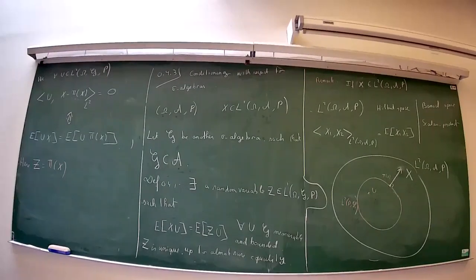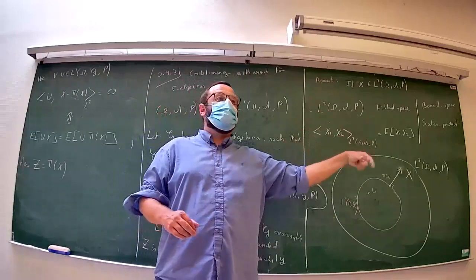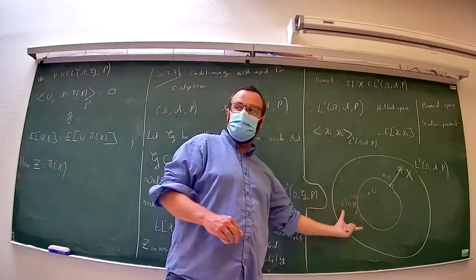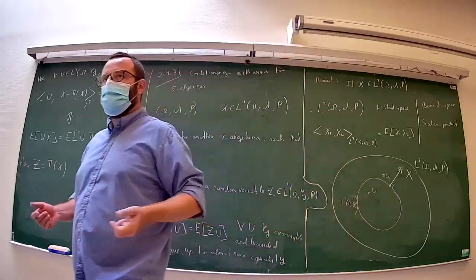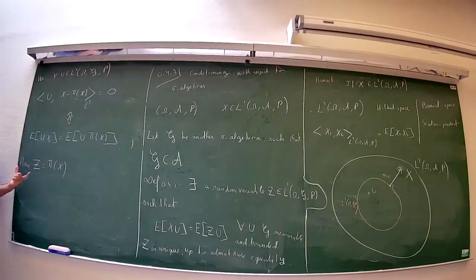If I am in L1, I don't have these tools. I can speak about orthogonal projection and so on, but if I am in L2, I have something that is really geometrical, the notion of conditional expectation as an orthogonal projection and so as a best approximation.